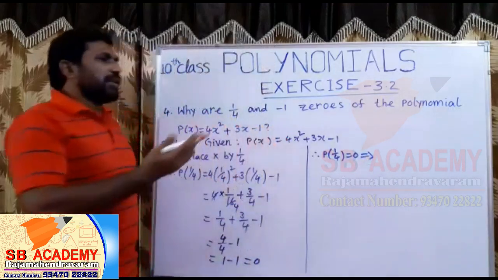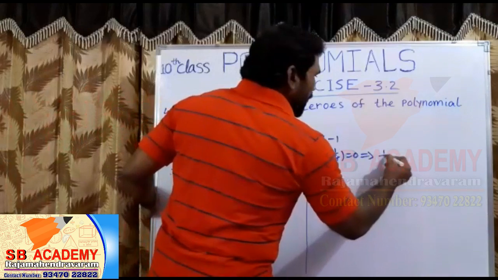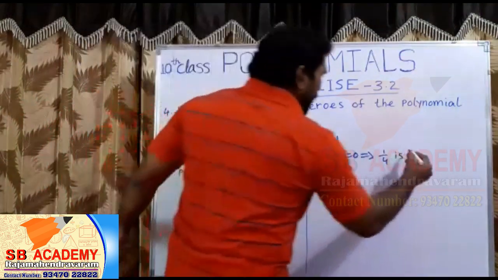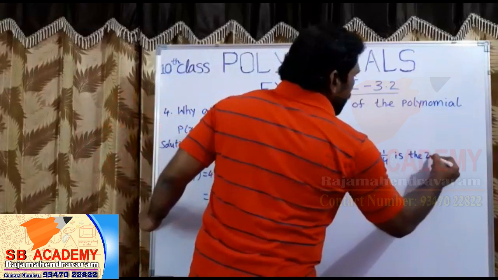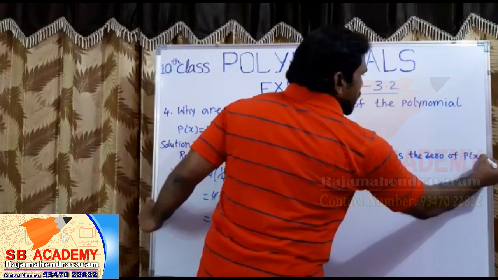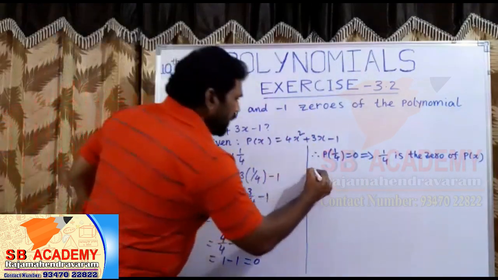Here, the value of the polynomial is 0. So that's why 1 by 4 is called a zero of the polynomial. 1 by 4 is the zero of p of x.